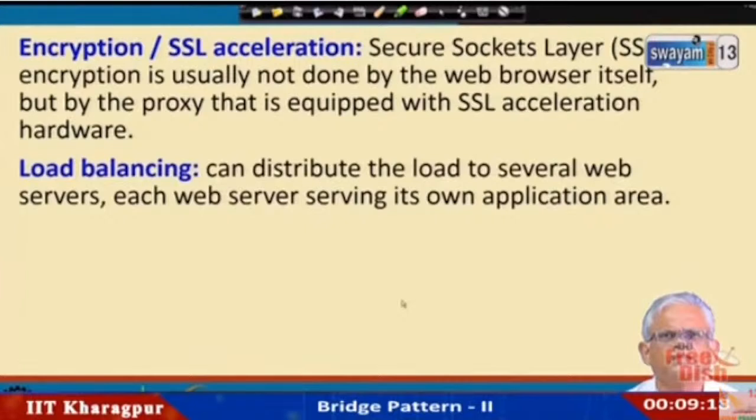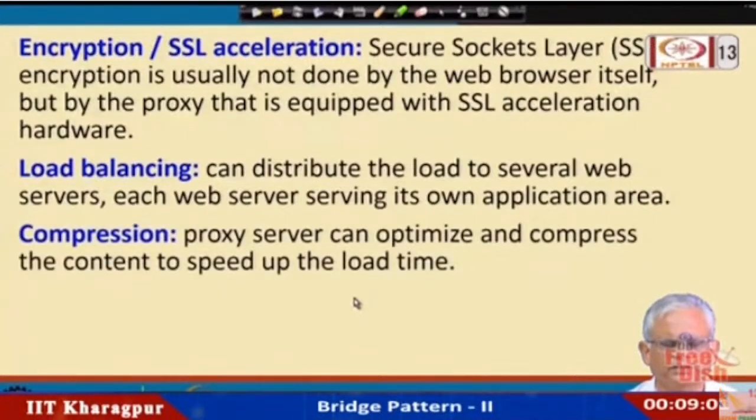Load balancing. As an external request comes, when we have multiple servers behind the proxy, it can do some kind of load balancing and find out the server that is less loaded, and forward the request to that. Compression. Proxy server can optimize and compress the contents before transmitting it on the network.